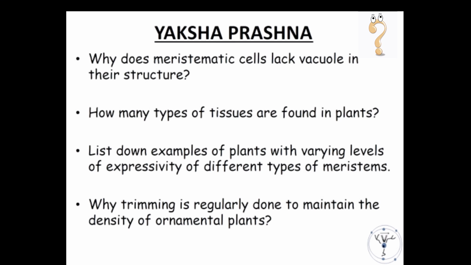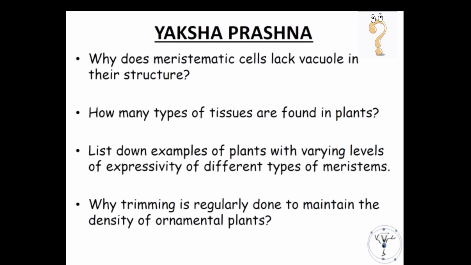Finishing up the discussion over the growth tissue, that is the meristematic tissue in plants, we arrive at a few simple questions about this presentation. The first question asks about the reason why meristematic cells lack vacuoles in their structure.